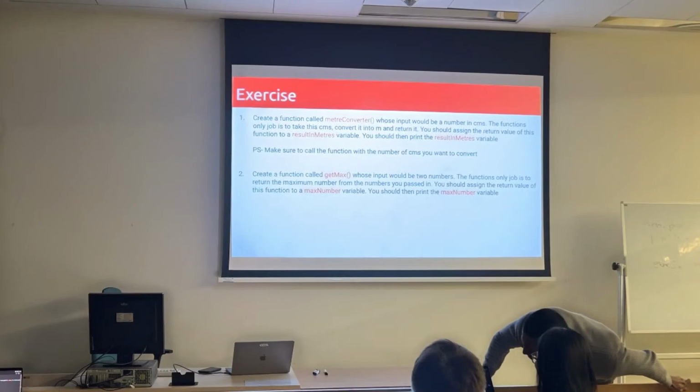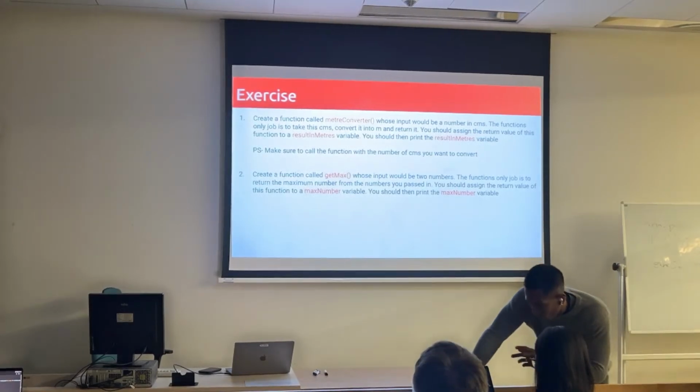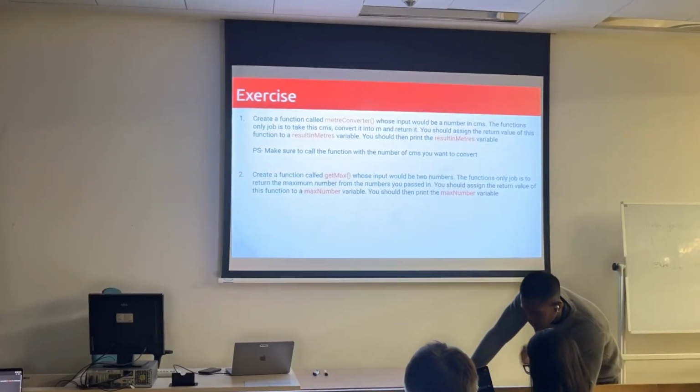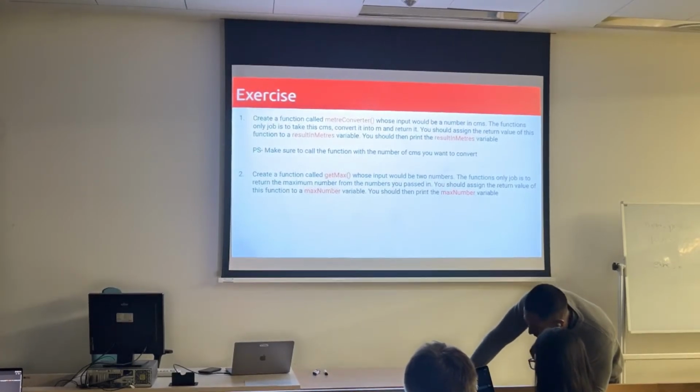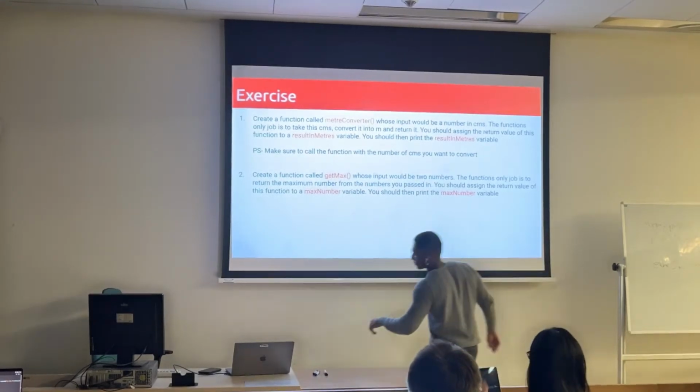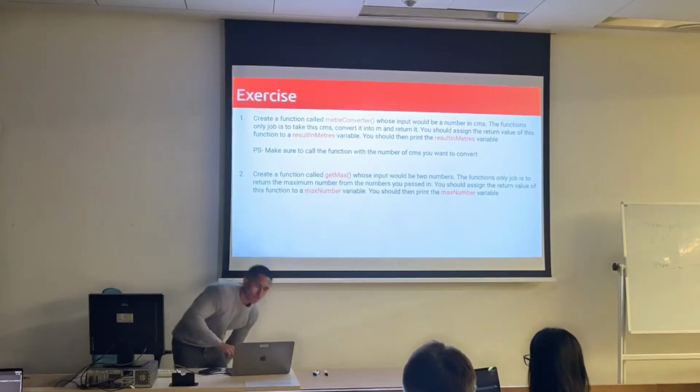You're passing a number, yeah? You cannot say 150. You have to give it some value, like a name. I will do it in front of the whole class. Let's think about this.